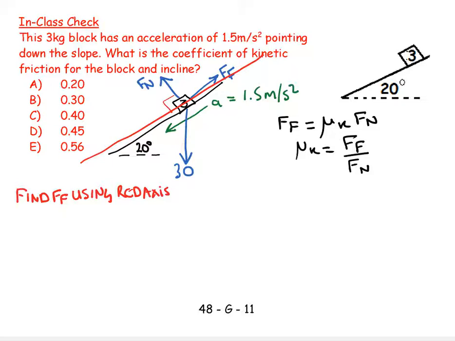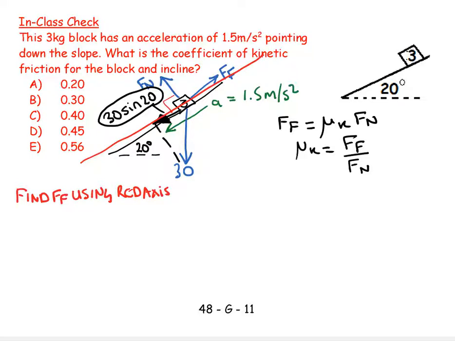I'm going to look along the axis, and the term of the art is I've got to resolve these forces along this axis. So I know there's a downwards force which is going to be 30 sine 20. Hopefully that's getting to the stage where you can just write it down.